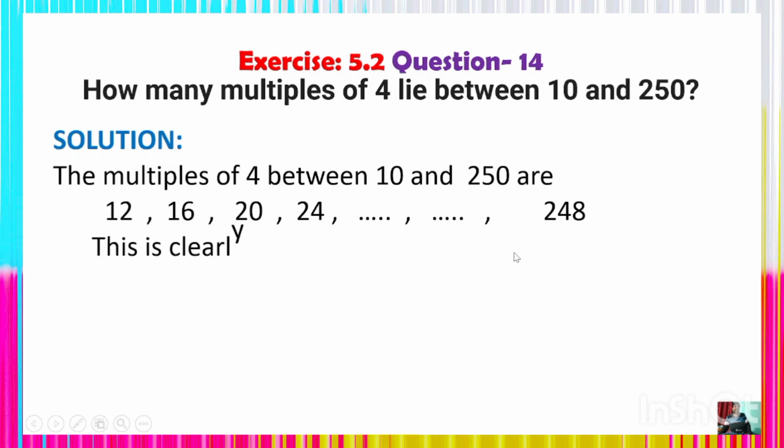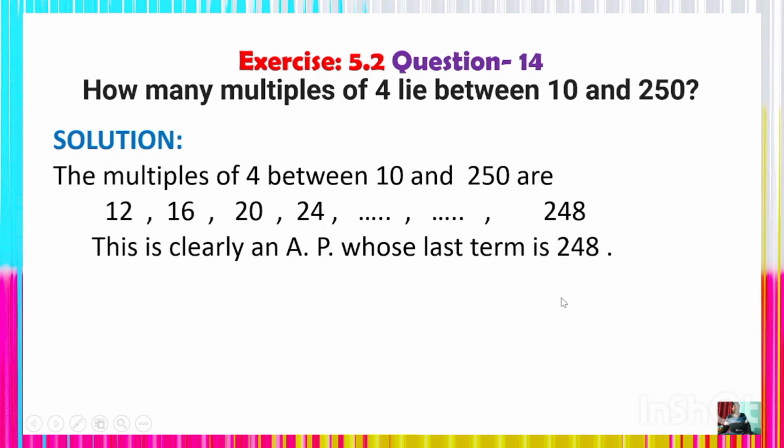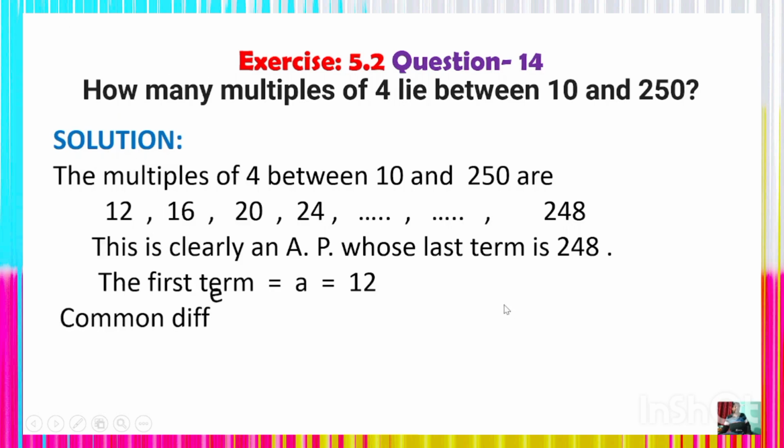And this is clearly an arithmetic progression whose last term is 248, yes or no, right? And whose first term a is equal to 12. The common difference d is equal to a2 minus a1, which is 16 minus 12, which is 4. Thus d is equal to 4.